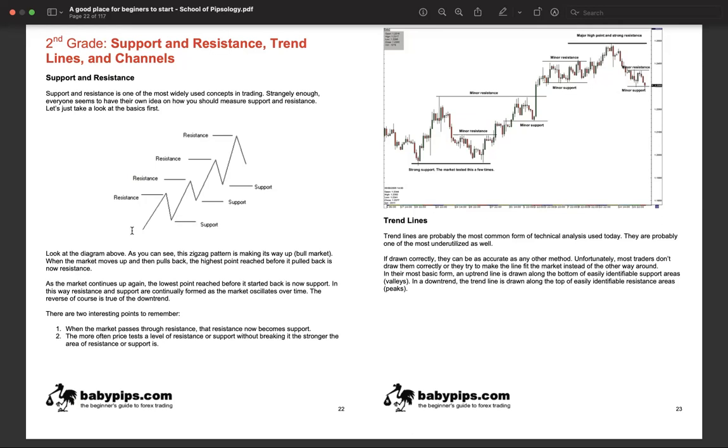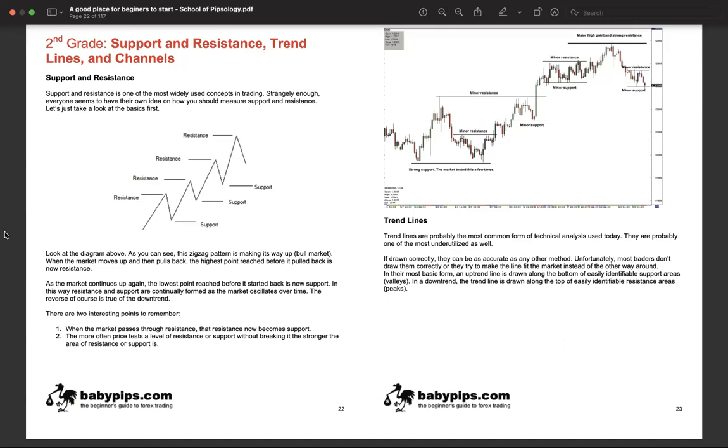After reaching resistance, it will turn. Price usually turns at resistance, all right? When price turns at resistance, after that it will go to support. When price reaches support, it shoots up, okay?